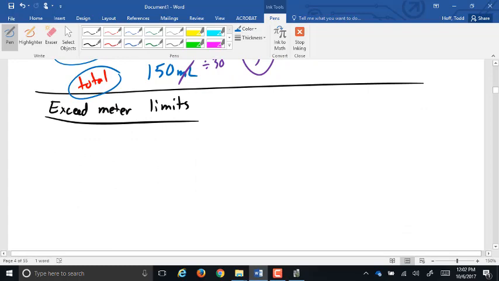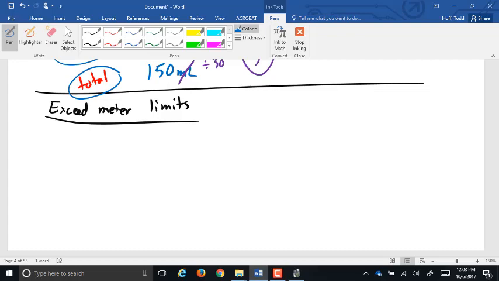So if we exceed the limits of a meter, an example of this is blood sugar testing. Most of your blood sugar meters have a limit of 800 milligrams per milliliter, depending on the meter you have. So if you take a sample and it exceeds that limit, or even if it's getting close to that limit, it's best to dilute it down and take a reading.